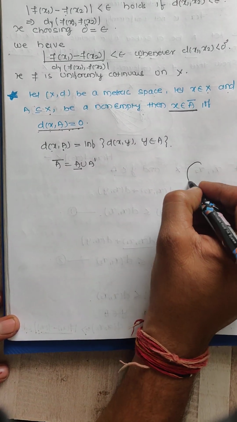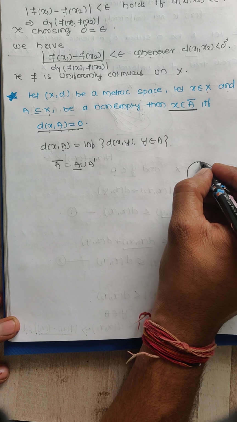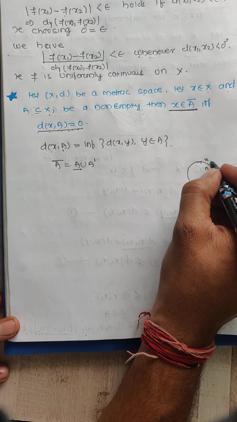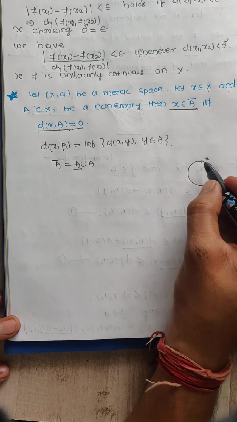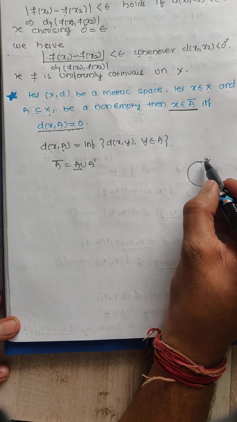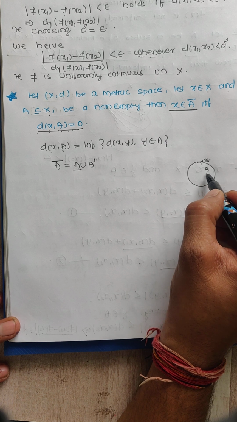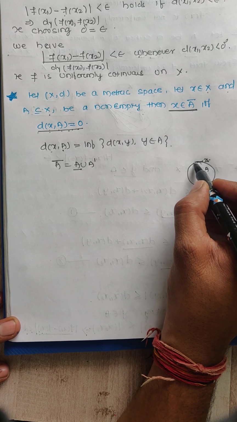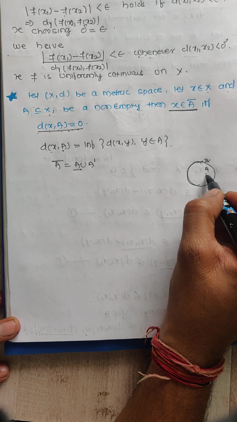As I told, if x is a limit point of A not in A, then x is very close to A, because x is a limit point of A.